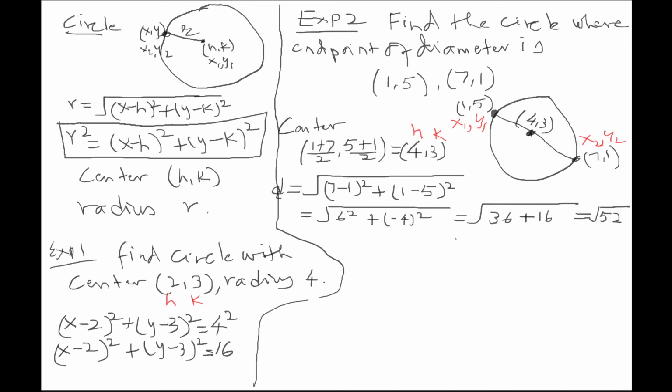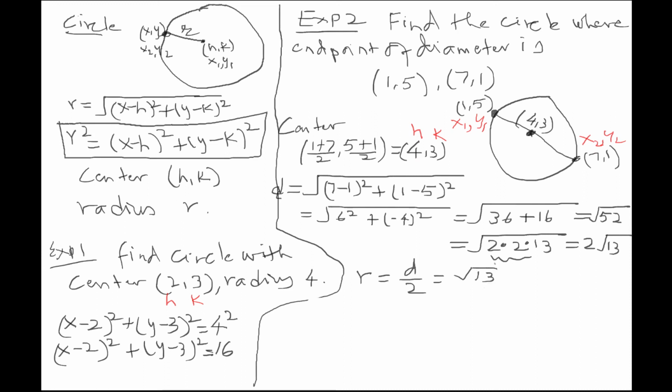The square root of 52 can be written as the square root of 4 times 13, so you can take a 2 out, leaving 2 times the square root of 13. This is the length of the diameter. What is the radius then? The radius is d over 2, so you divide by 2 and get the square root of 13.